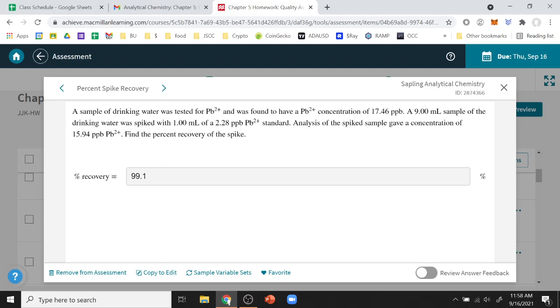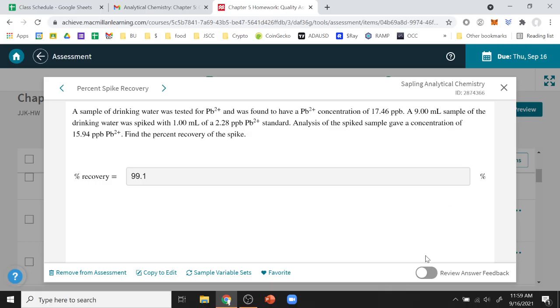A 9 milliliter sample of that drinking water was then spiked with 1 milliliter of 2.28 parts per billion lead standard. The analysis of the spiked sample gave a concentration of 15.94 parts per billion of that lead. So find the percent recovery of the spike.